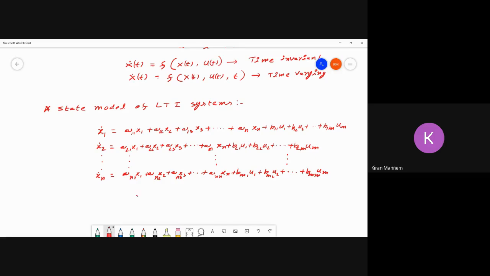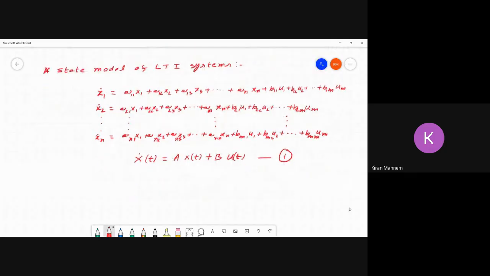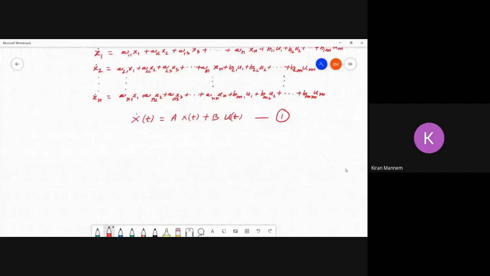So putting in the matrix form, now you have the equation x dot of t is equal to A into x of t plus B into u of t. Very important equation, the first state equation. It can be written in the matrix form.